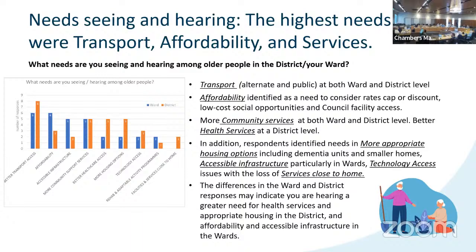Other things that you're hearing out in the Motu are accessible infrastructure, particularly in the wards, and also some people are having issues with technology and internet access as they lose services and they have to do more and more things online. So the differences in the ward and district responses may indicate you are hearing a greater need for health services and appropriate housing at the district level, and affordability and accessible infrastructure at the wards.